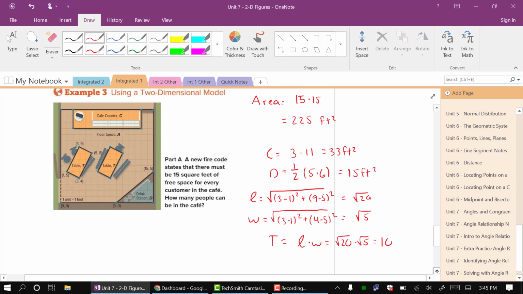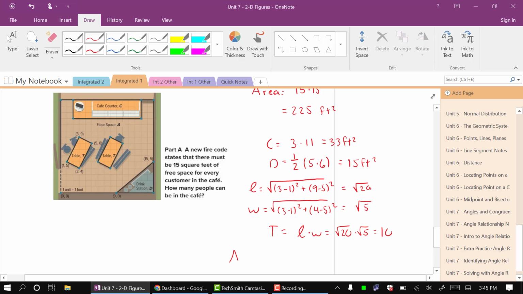So again, our area of our cafe, then we're going to take away from that. Our area for the whole space is the area of the cafe minus the counter, minus the drink station, and then minus our 2 tables.